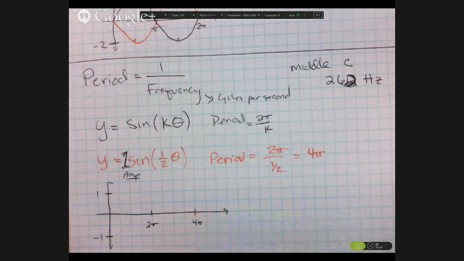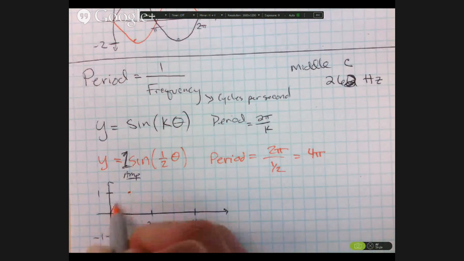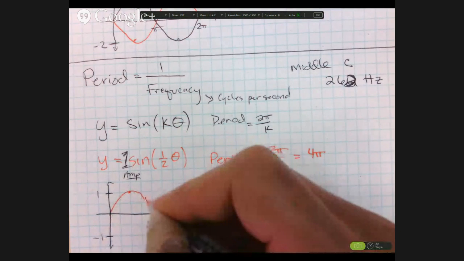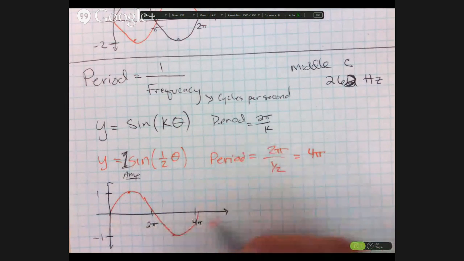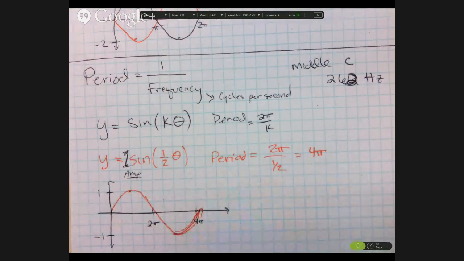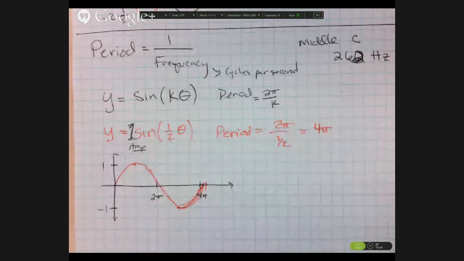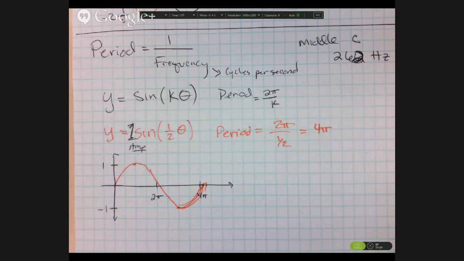So when I draw it, I just draw it repeating at 4 pi instead of 2 pi. So that is sine 1/2 theta. So it stretches the period from 2 pi to 4 pi. It's like taking a spring and stretching it out.